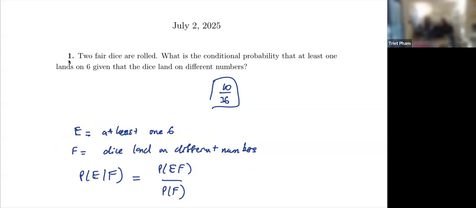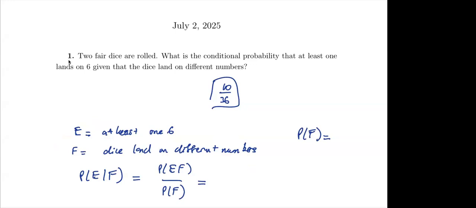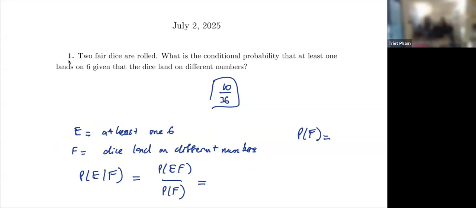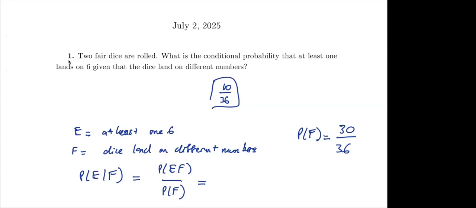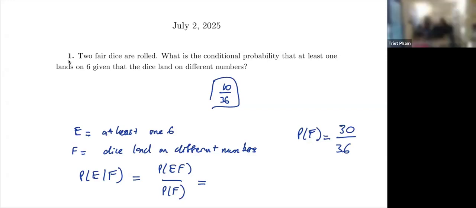All right, now let's tackle P(F). What's P(F)? Would it be 30 over 36? We're not asking for the count. Oh, right. 30 over 36. Okay, good. Now what's P(E intersect F)?